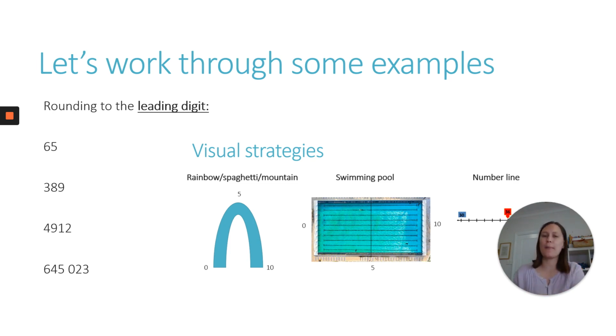Now, I just want you to think about something when it comes to rounding to the leading digit. If we're rounding a small number, it's not much difference between 60 and 70. For example, if I use this rounding to the leading digit to work out how many chairs to put out for a meeting, and I was rounding either down to 60 chairs or up to 70 chairs.